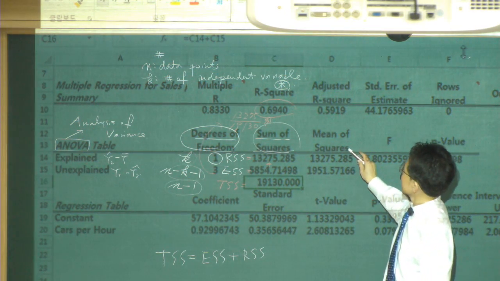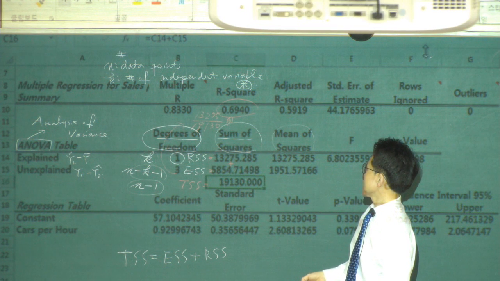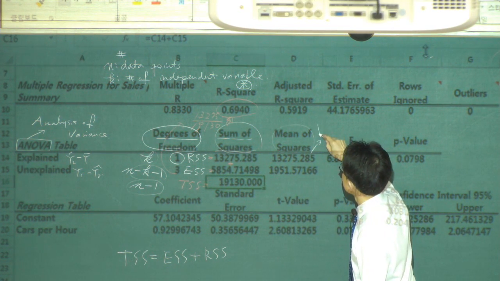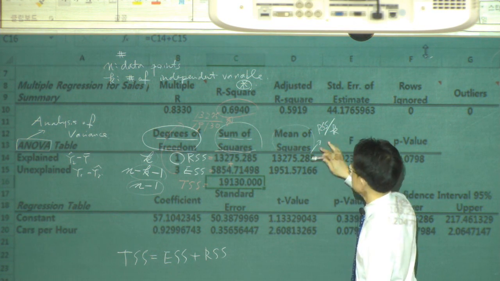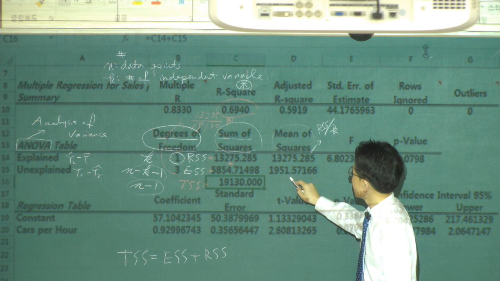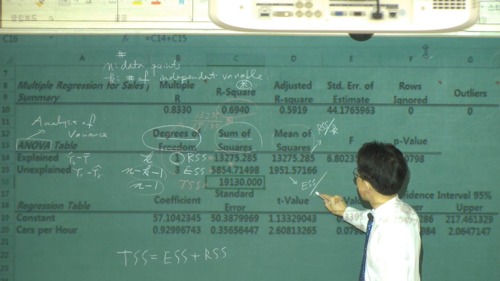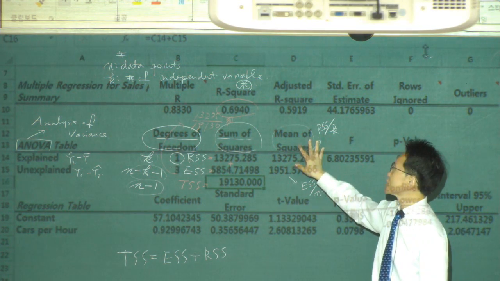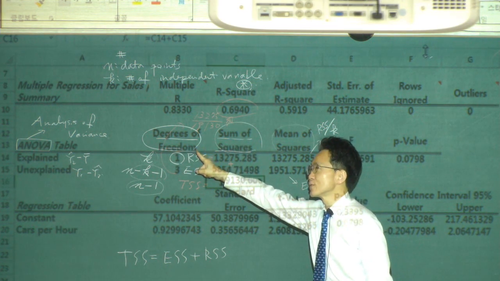Now, for mean of squares, how do I calculate this one? This one is RSS divided by k, the degree of freedom, and this one is ESS divided by n minus k minus 1. Mean of squares is just the sum of squares divided by degree of freedom.